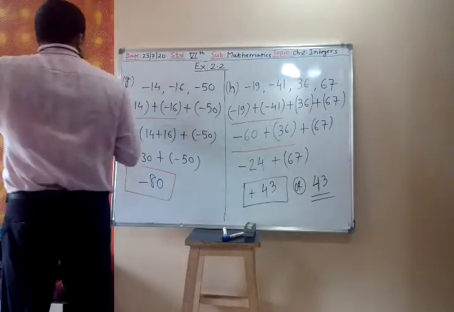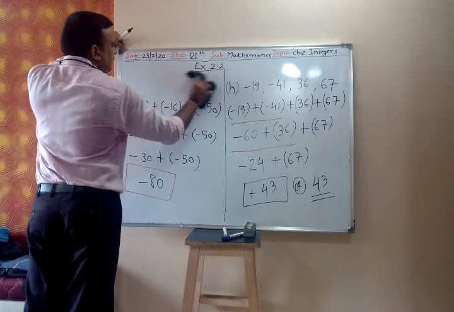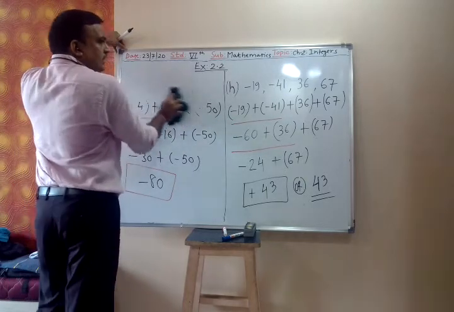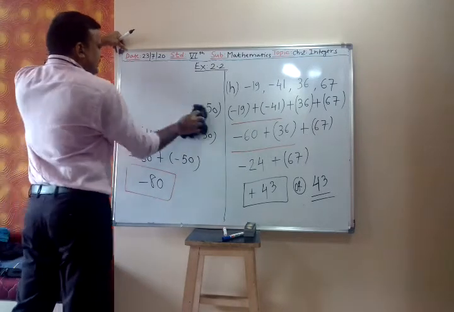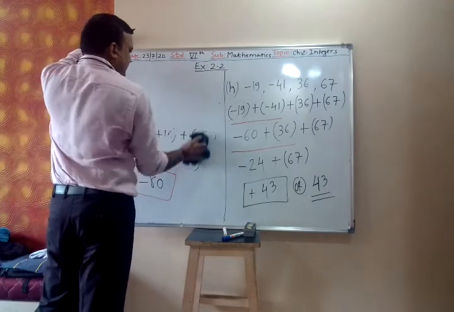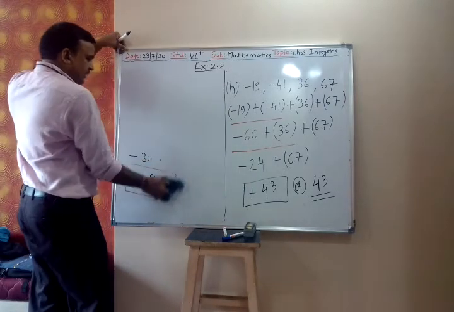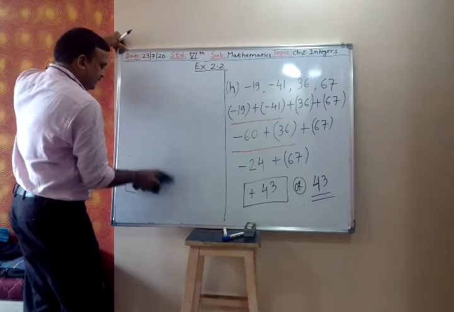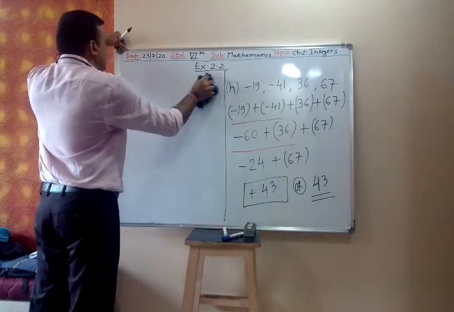Whenever they have opposite signs, you have to subtract the numbers. Subtract the smaller number from the bigger number and take the sign of the bigger number. So remember this: same sign means plus plus or minus minus.